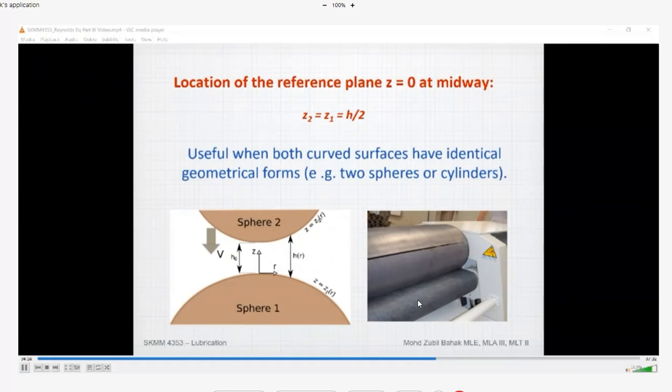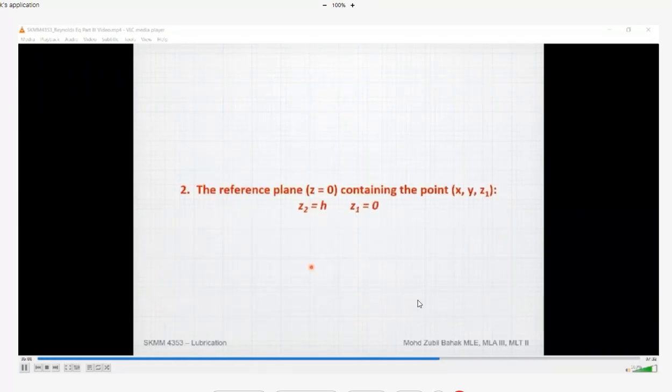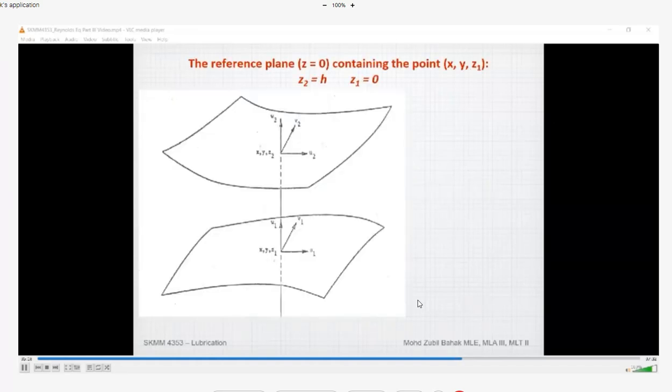So now let's see what happens if we move the reference plane containing the point x, y, and z1. In this case, we are moving the z-axis, and it starts at the point z1. If we go back to the picture, now our z was starting at the right point here, where z is equal to 0, so we will have this boundary condition at this point.